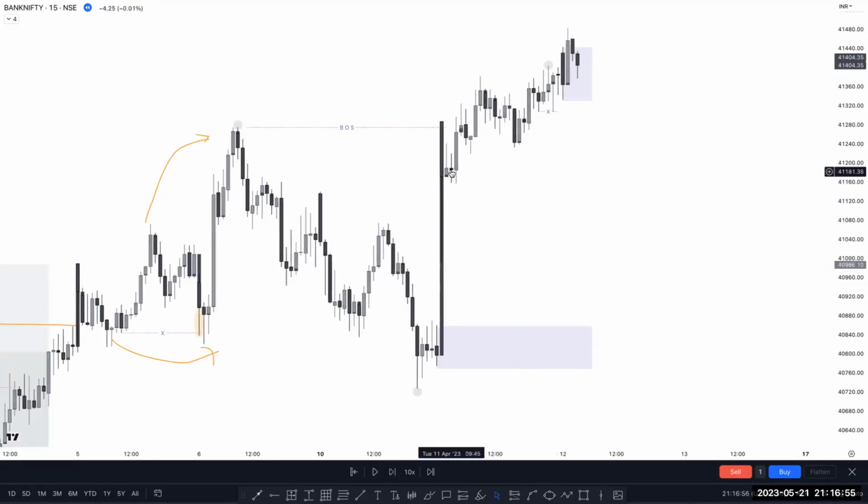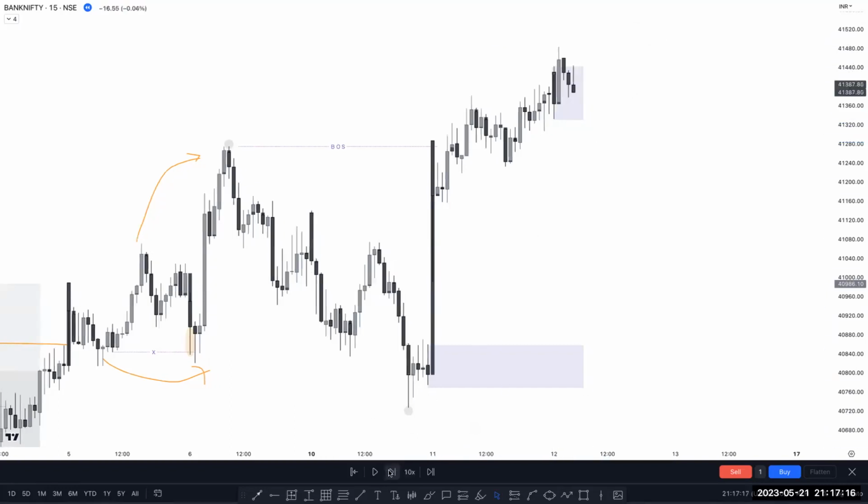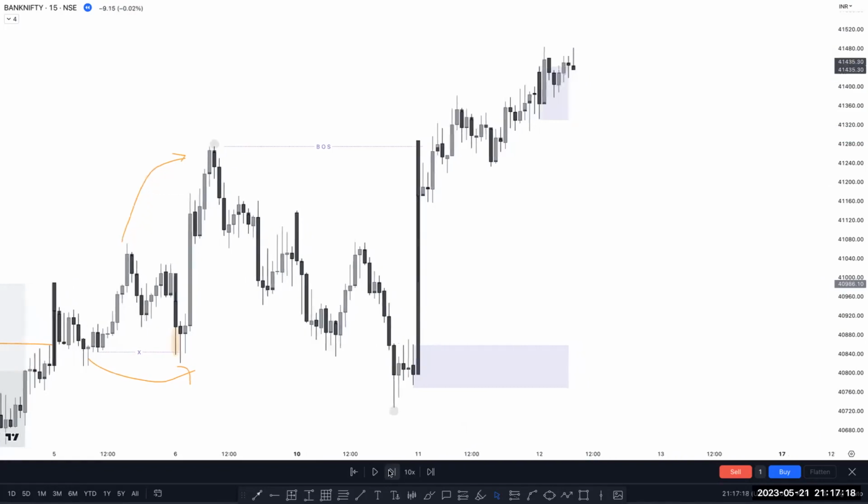Okay. And then the next candle opens here. Okay. However, there is no candle here that closes out of it. Right. But now you have to wait for it to take out the inducement before the buy. So this is not a valid entry here. You have to wait for it to take out the inducement again.